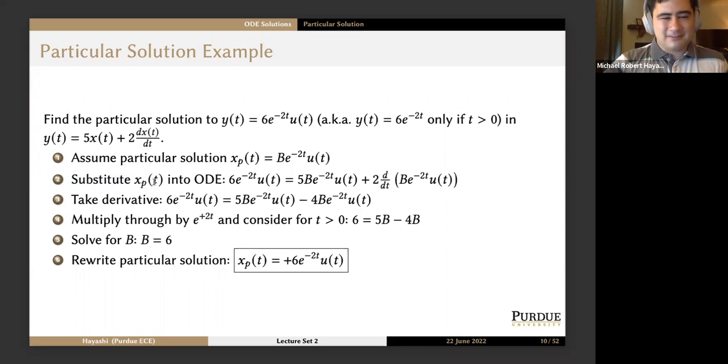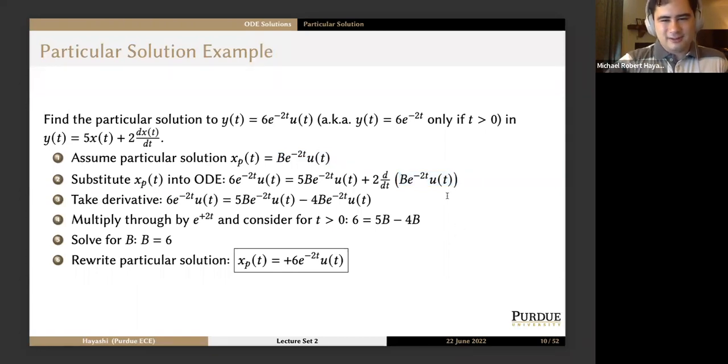So we'll substitute x sub p of t into the original ODE because it must satisfy the ODE by itself, by linearity. So we'll get y of t, which is 6e to the minus 2t u of t, equals 5 times x sub p of t, which is b e to the minus 2t u of t, plus 2 times the derivative of b e to the minus 2t u of t.